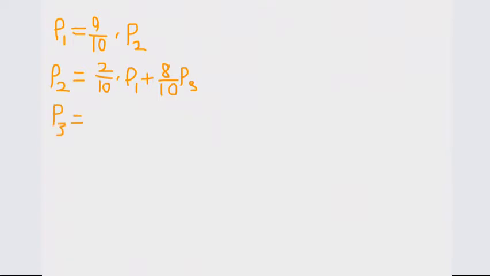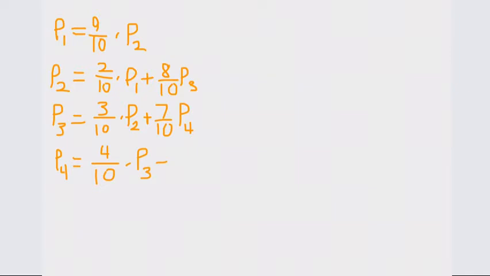Similarly, p3 is equal to 3/10 times p2 plus 7/10 times p4. And p4 is 4 over 10 times p3 plus 6 over 10 times p5.